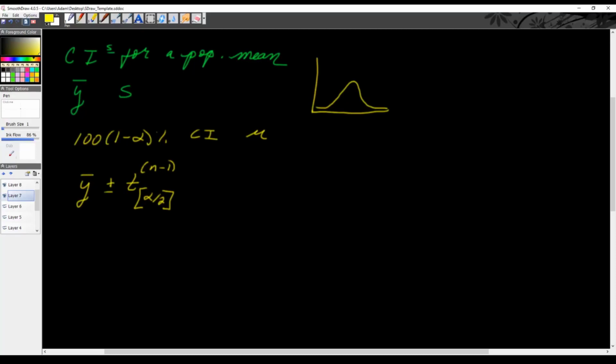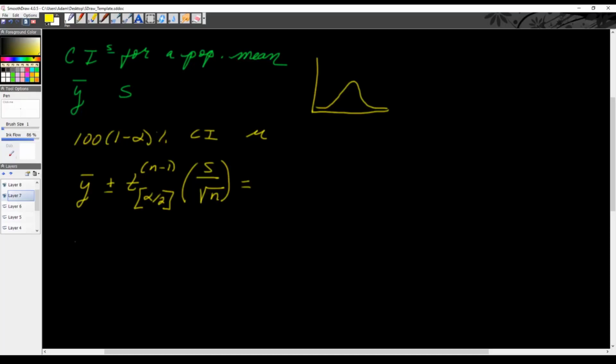This is t sub alpha divided by 2, with n minus 1 degrees of freedom, which denotes the critical t value with the alpha divided by 2 area in each tail under the t distribution with n minus 1 degrees of freedom. And then we multiply that by the standard deviation divided by the square root of the sample size. That's the square root of n. Let me write that more clearly.